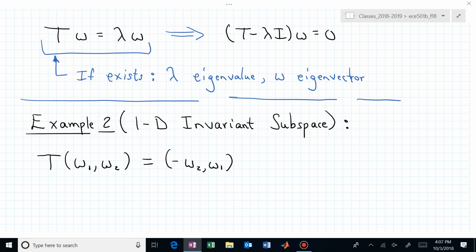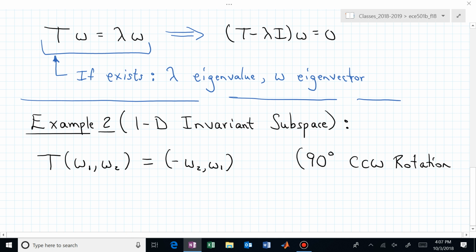And that we've talked about already, and that actually corresponds to a 90-degree counterclockwise rotation in the xy plane, if we are looking at the w's belonging to the reals.